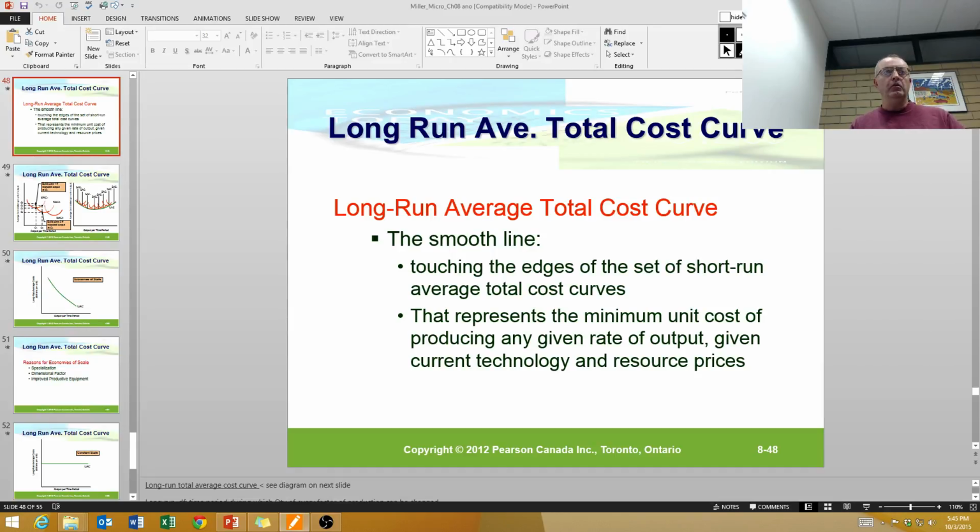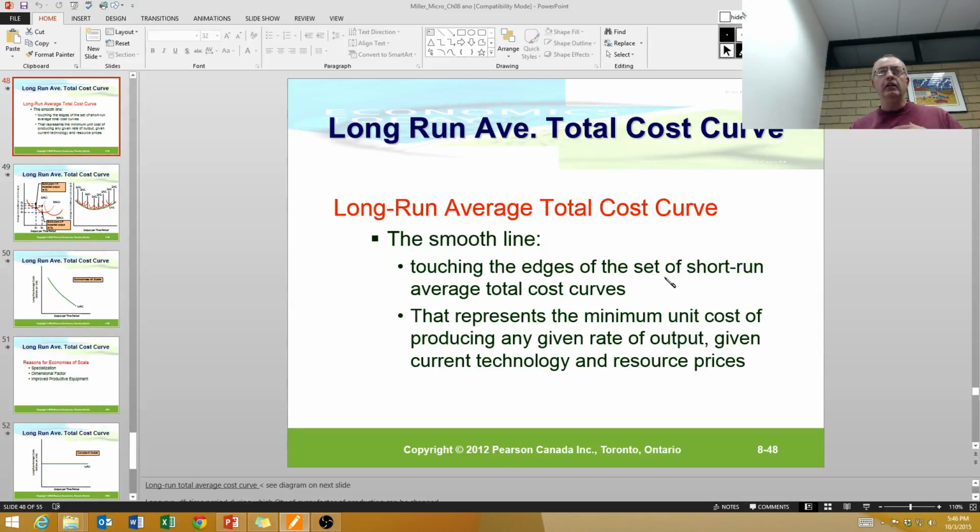So if we were a manufacturing company and we wanted to determine the optimal size of our plant, we could model all these different plants of different sizes and calculate the short-run average cost curve for each one of these plants.